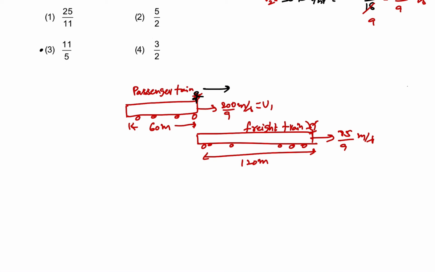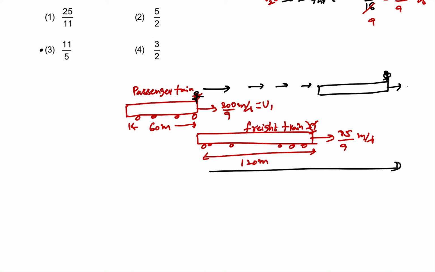To cross this, the passenger train moves like this, and it crosses when this train reaches this point. So how much distance is it traveling? It should travel a total distance of 60 meters plus 120, that is equal to 180 meters.